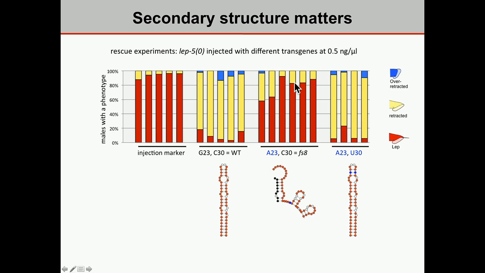That is not unexpected because this is a temperature-sensitive mutant and not a null. If we introduce the compensatory mutation, which restores the structure, the rescuing ability of this construct is also restored. So clearly the structure of this area is more important than the sequence.